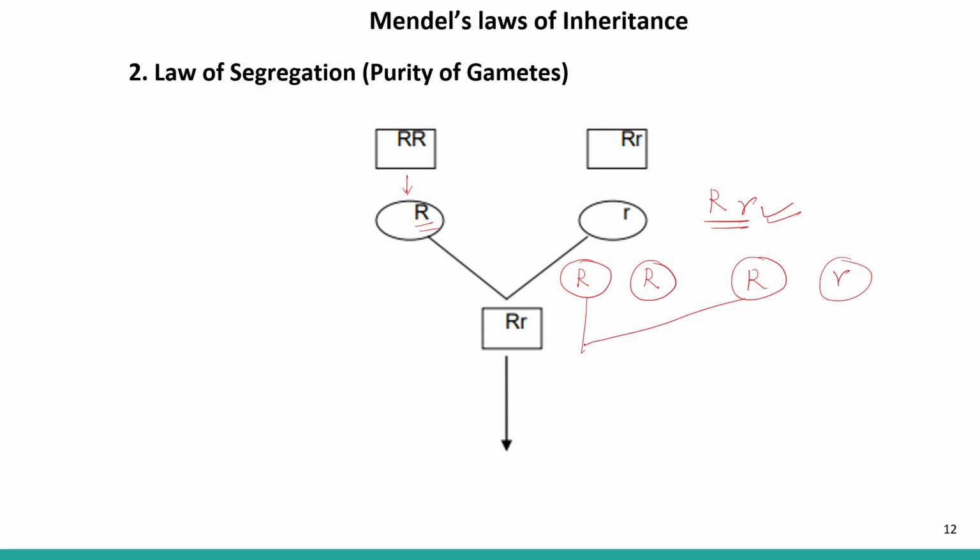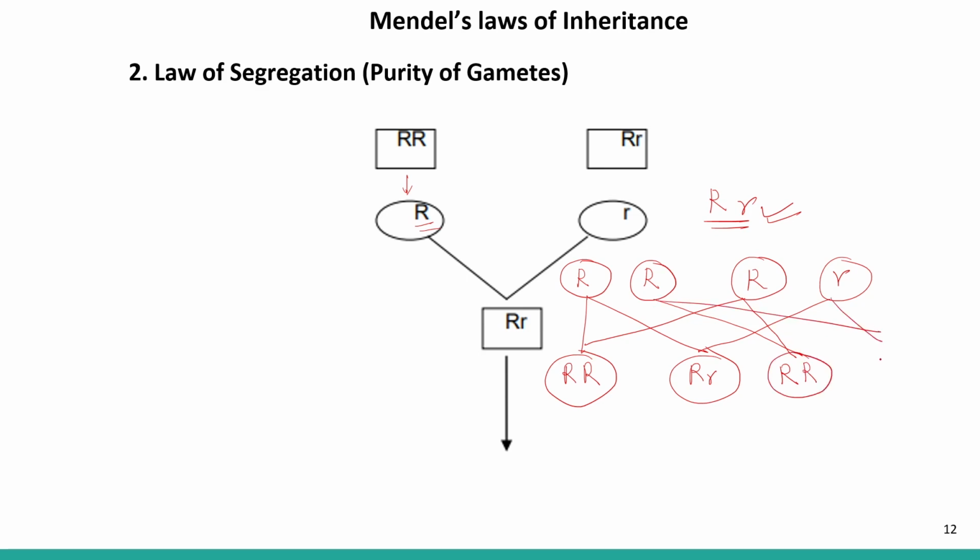There will be the combination of capital R, capital R, the combination of capital R, small r, and again the combination of capital R and small r. So we are having two pure round and two hybrid round.